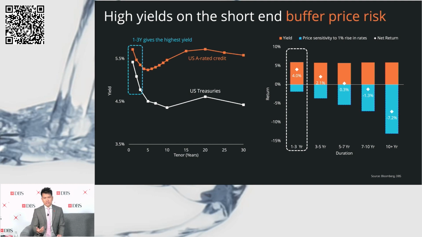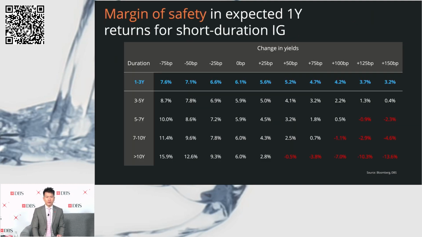So what we did is we took these 1 to 3 tenor bonds and we stress tested them further. We looked at this table, where on the horizontal part you'll see a different set of changes in the interest rate environment against the duration buckets on the left side of the table.